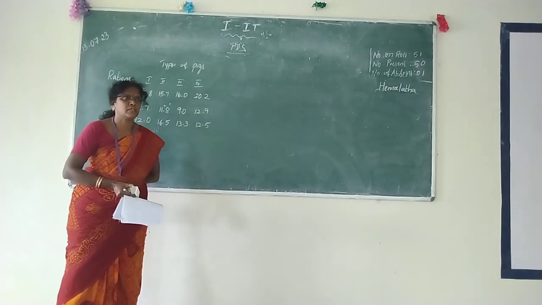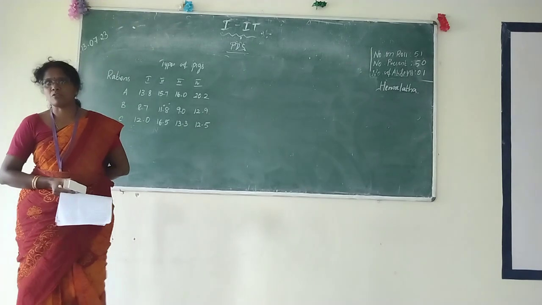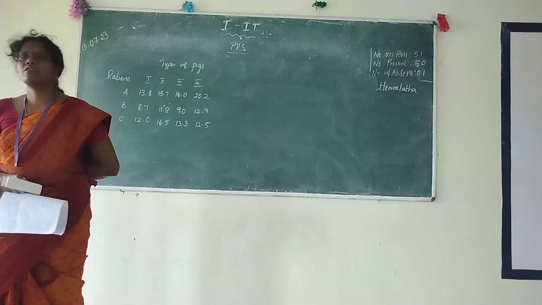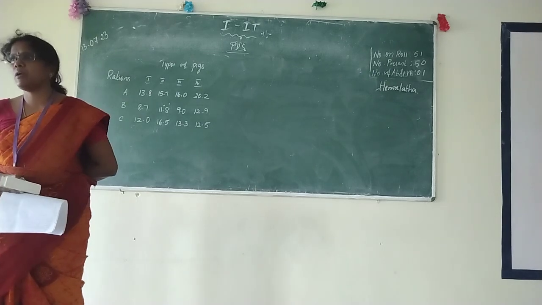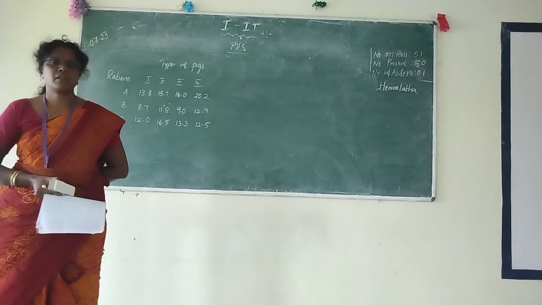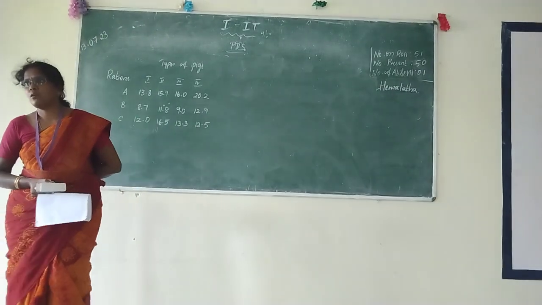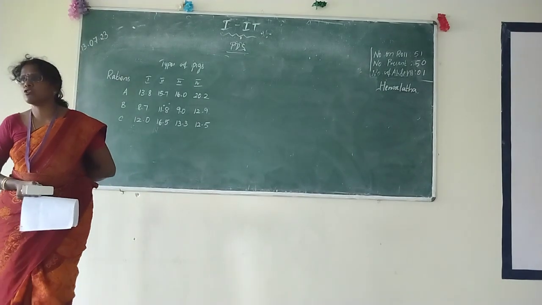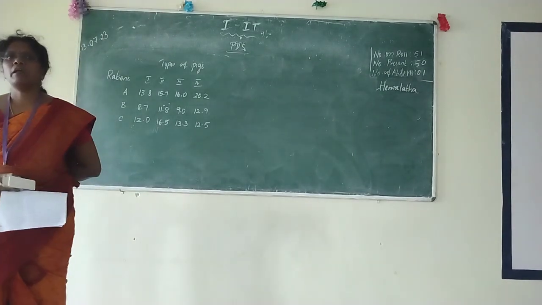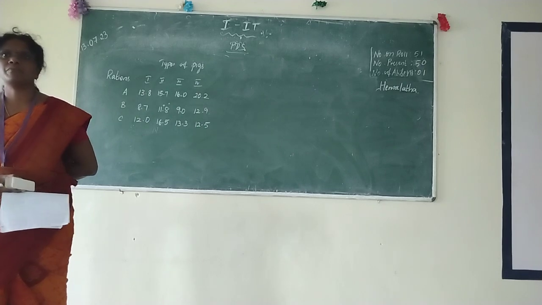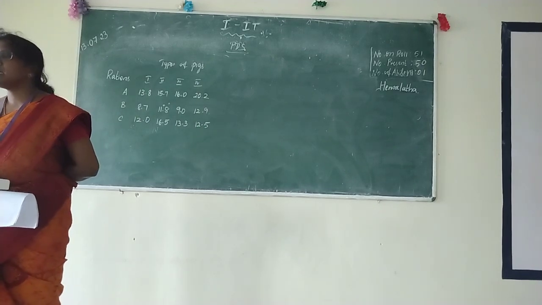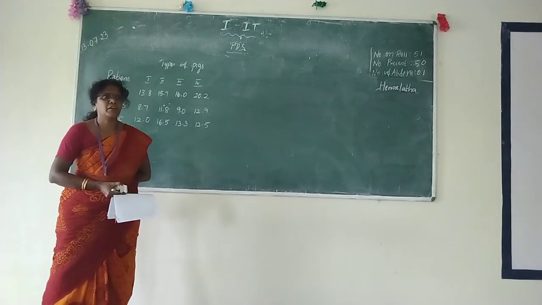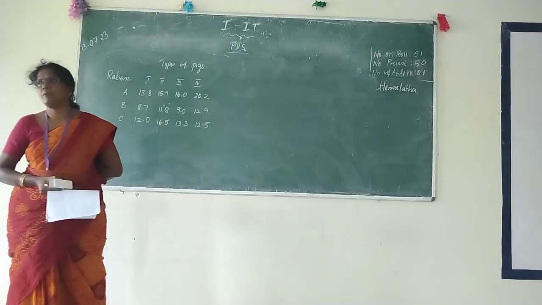Second assumption: there is no significant difference between row means. Two assumptions of H naught because we are going to check two factors. Now write your H1. What will be H1? There is a significant difference between column means. There is a significant difference between row means. Write in short, it's your notes.